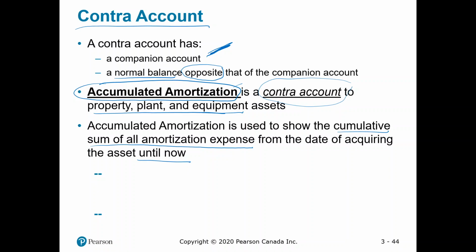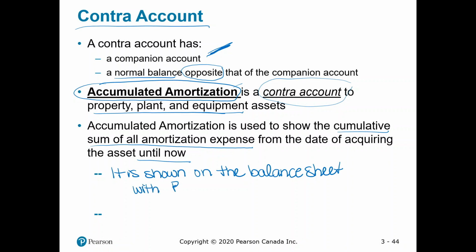But to note here, accumulated amortization is shown on the balance sheet with PP&E. And it's noted up here, it has the normal balance opposite of the companion account. So our PP&E is an asset, its normal balance is a debit.